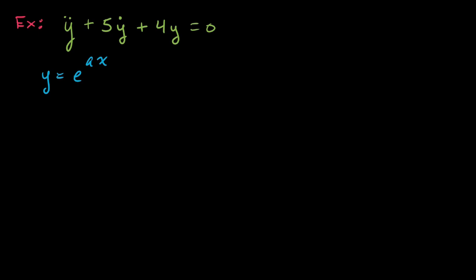Okay, so then if we have that, we take the first derivative, we know that y dot equals a e to the ax. And then we also know that the second derivative, y double dot, equals a squared e to the ax. Now we're going to write our differential equation by plugging in those terms.